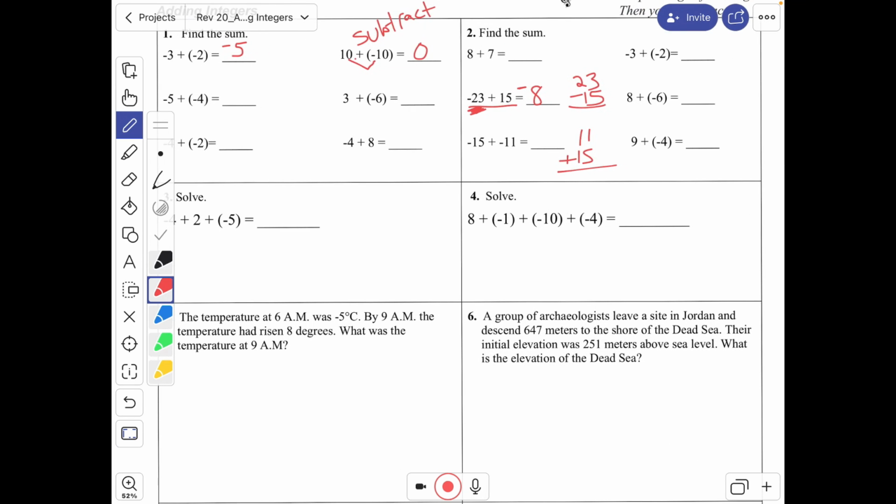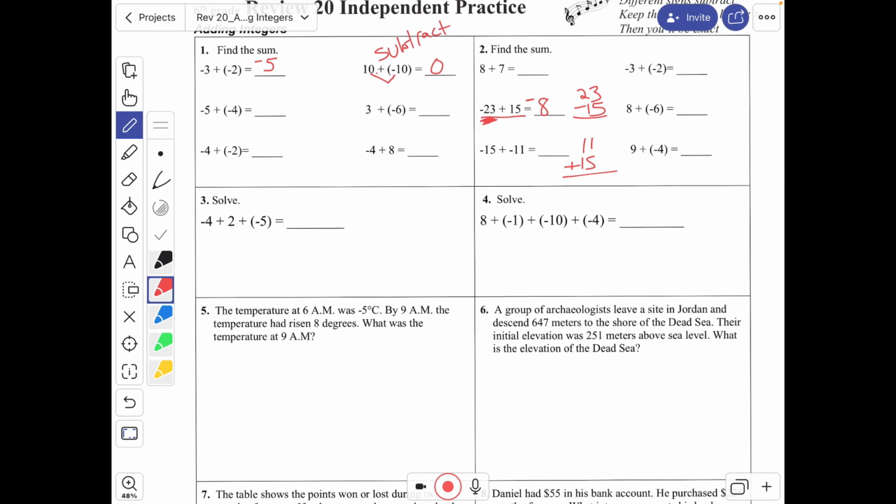On number 3, you probably want to take it just 2 numbers at a time. Whatever you get for that, plus negative 5. On number 4, probably want to put all these negative numbers together. Negative 1 plus negative 10 would make negative 11.